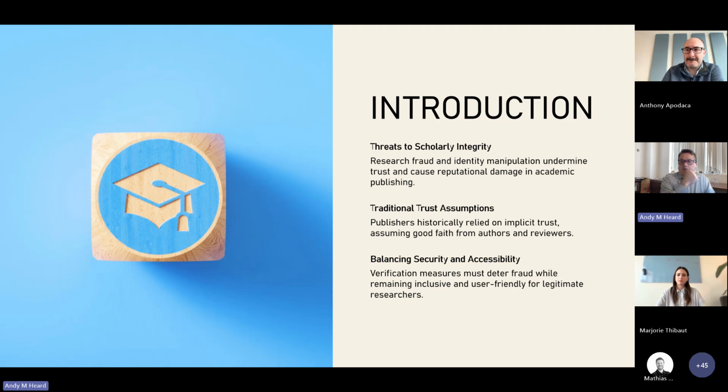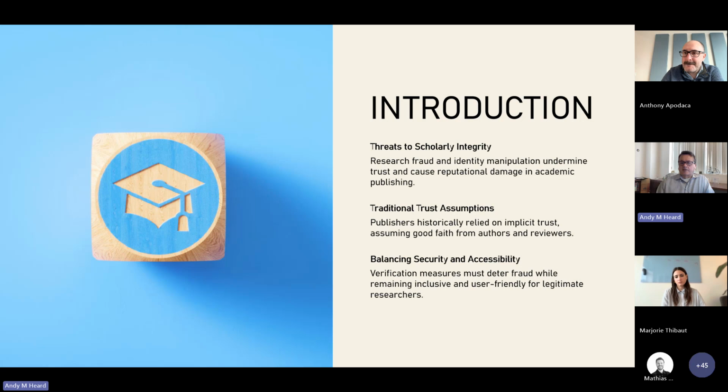And as Richard had said, publishers traditionally relied on implicit trust, assuming that everyone, an author, reviewer, editor, are acting in good faith. But recent trends show that fraudulent actors are spoiling it for the largely trustworthy people that orbit in scholarly publishing.